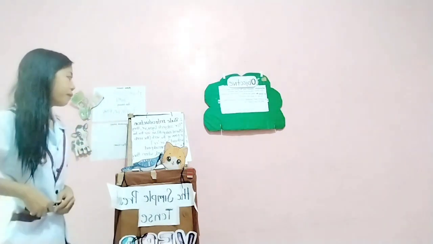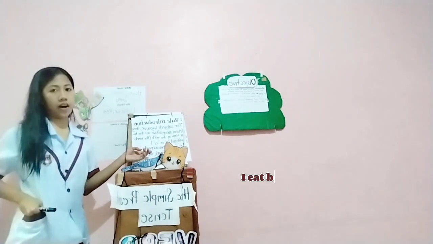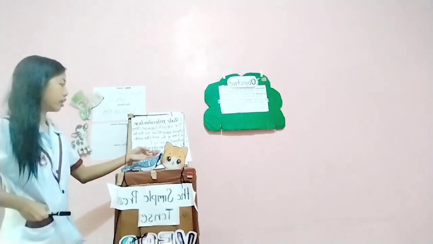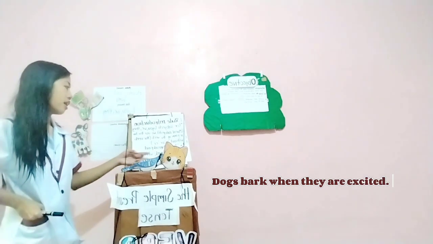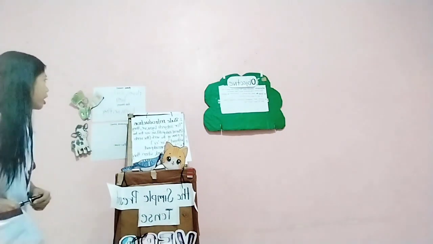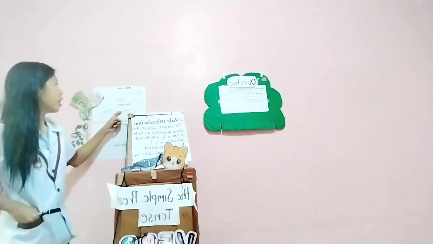For example, with the pronoun I, we use eat. So, I eat breakfast. For number 2, if we use the plural noun dogs: dogs bark when they are excited. Just keep in mind that if the subject is plural, the verb must be without s or es.